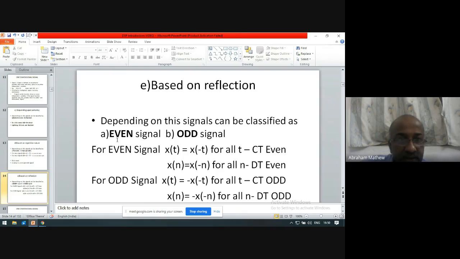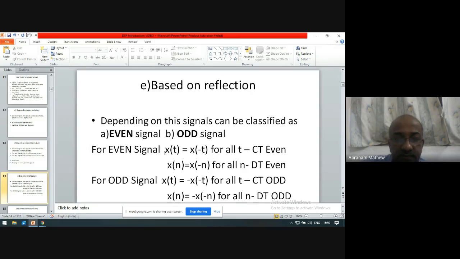Further, we can classify signal as even signal and odd signal. That classification, even signal and odd signal, is based on reflection. So we can check whether a given signal is even or odd.